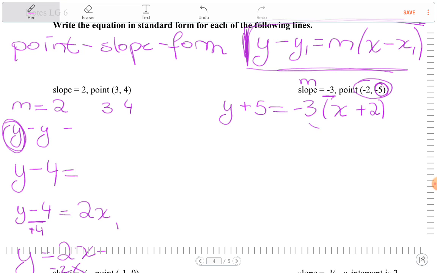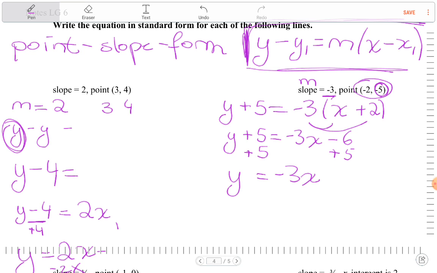First step is distribute. So we're going to have y plus 5 equals -3x minus 6. We're going to add the 5 to the other side. So now I have y equals -3x minus 1. This would now be your slope-intercept form, but we have to write it in standard form.